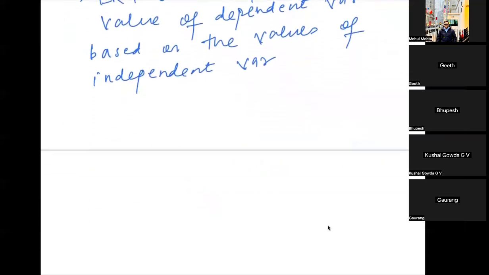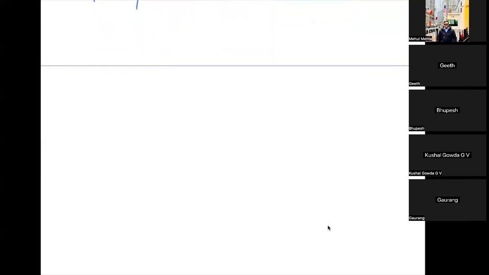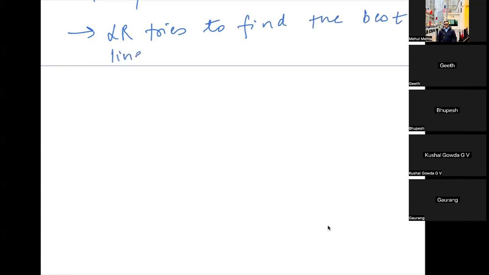And how does it work? Linear regression tries to find the best line that fits the data. It is also known as the line of best fit.